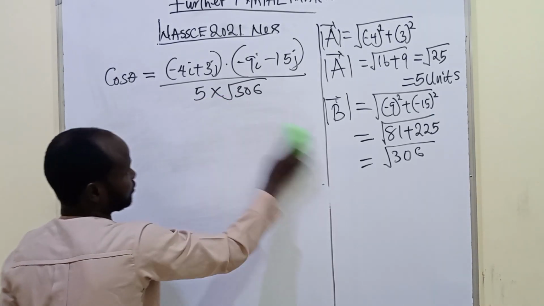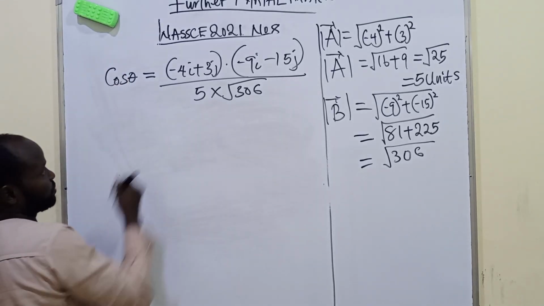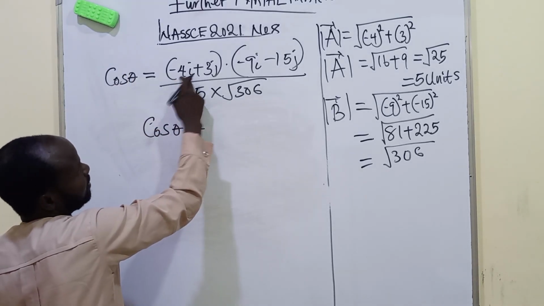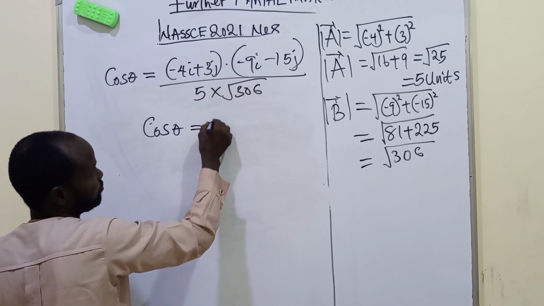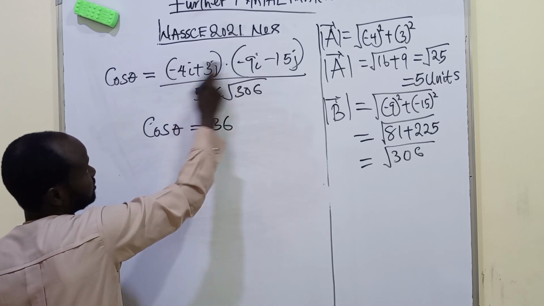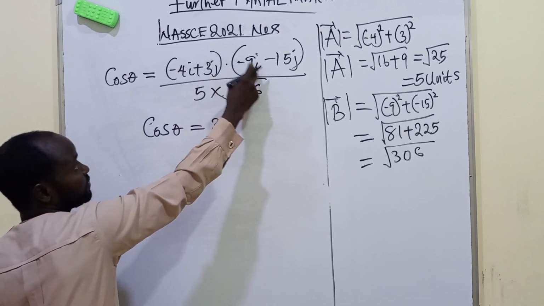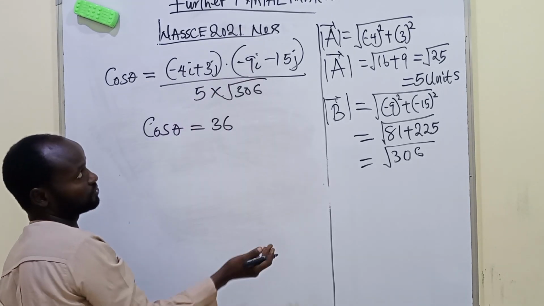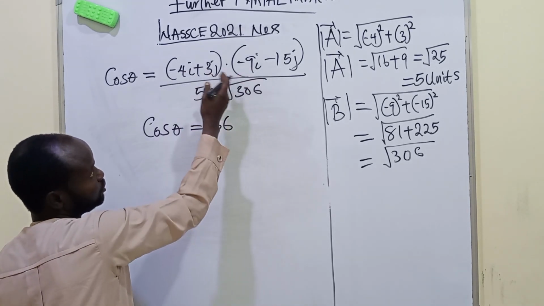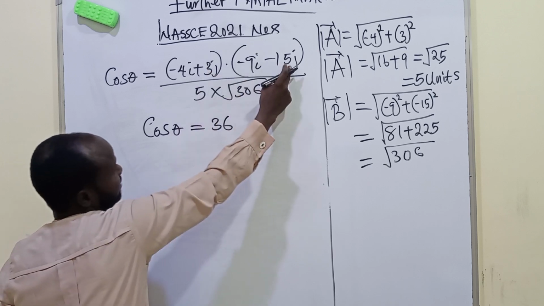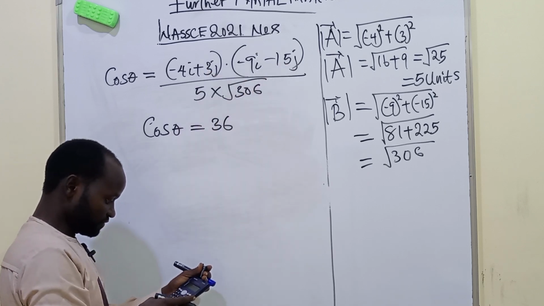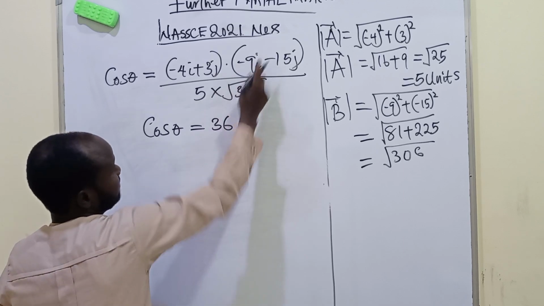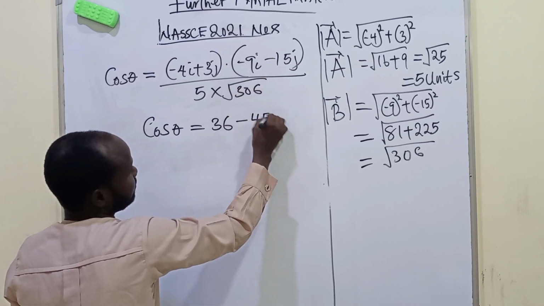So it means it has to be i to i and j to j, using this knowledge. Let's do the multiplication. Cos theta will be equal to -4i times -9i. That will be 36, because minus times minus is positive and i times i is 1. Then we don't need to multiply i times j because it's 0. Then we move to j: plus 3 times -15. 15 times 3 is 45, and because of the minus, it will be -45.